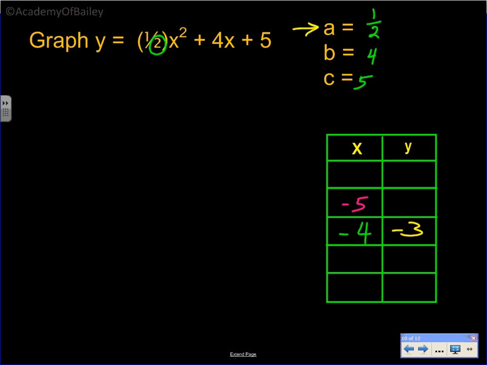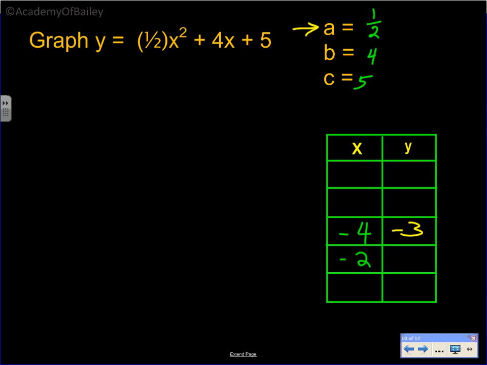You see that denominator there, the denominator of 2. Well, you always want to pick numbers that the denominator of 2 will be able to go into evenly. So if we look, what about negative 2? 2 goes into negative 2, negative 1 times.